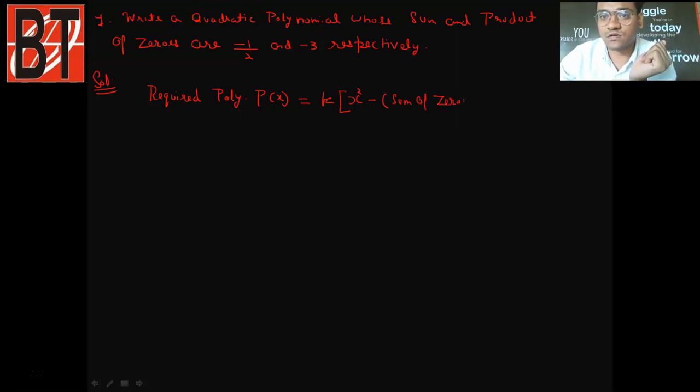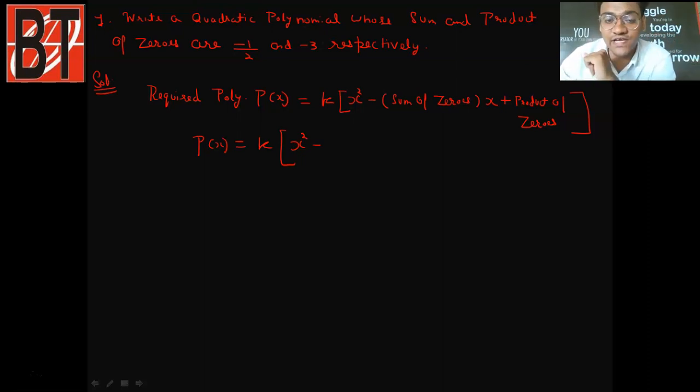Now the required polynomial, k is any real number, is going to be x square. Since I have been given the sum of zeros as minus half, I can directly put minus half in the place of the sum of zeros, and plus the product of zeros, I have been given minus 3, so I'll be taking the value as minus 3.